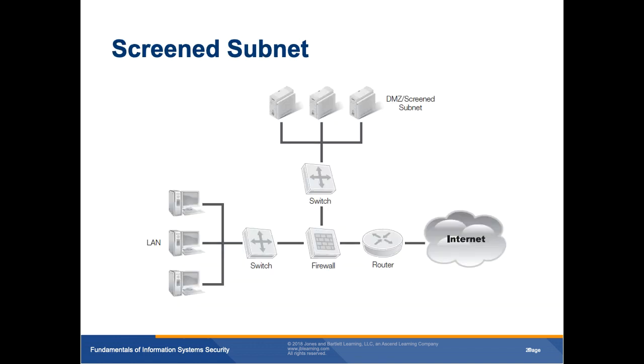The multi-layer would have one more firewall in front of the LAN, in front of that switch, and then, like I said, you probably would even have a router in between the switch and the second firewall, but that would be your multi-layer.